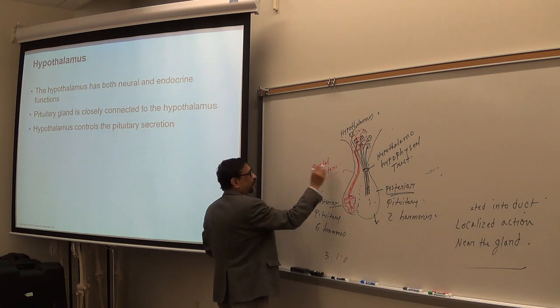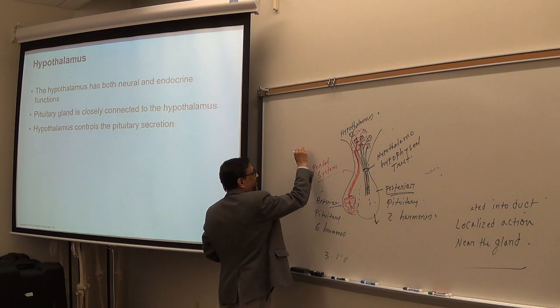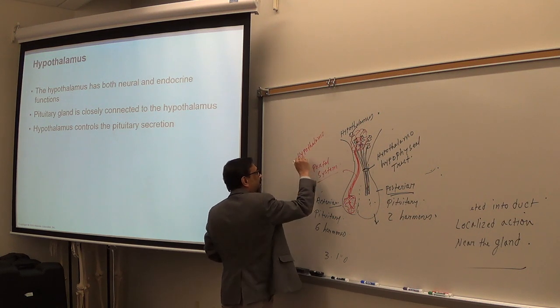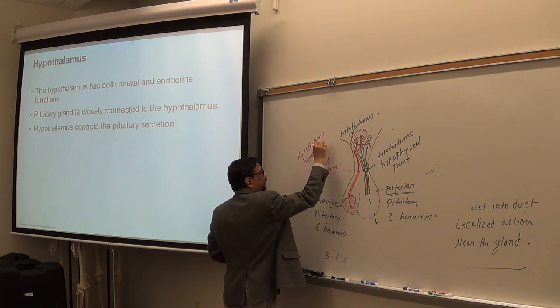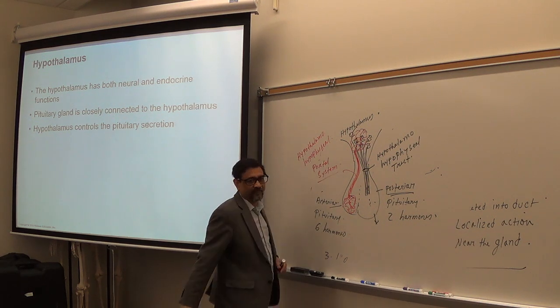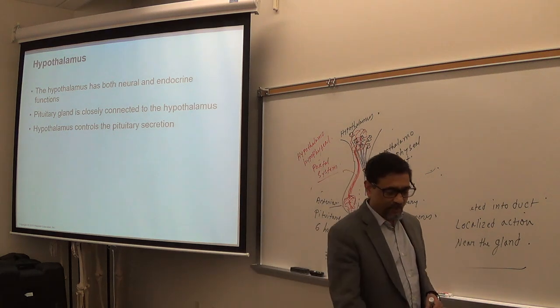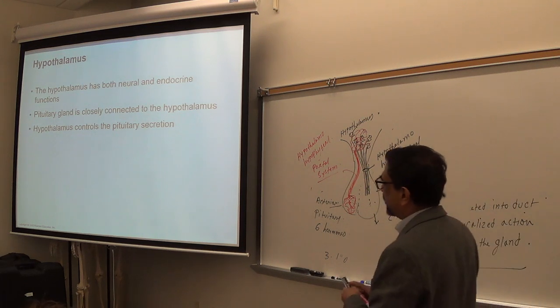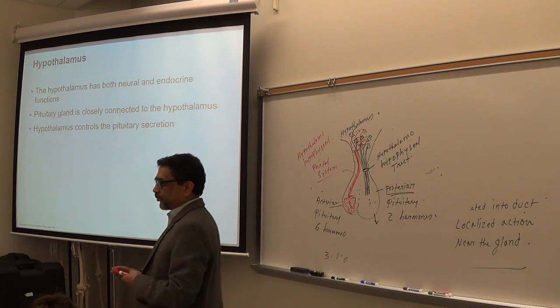So this is called, again, hypothalamo-hypophyseal portal system. So that's how hypothalamus talks to the anterior pituitary by the blood.